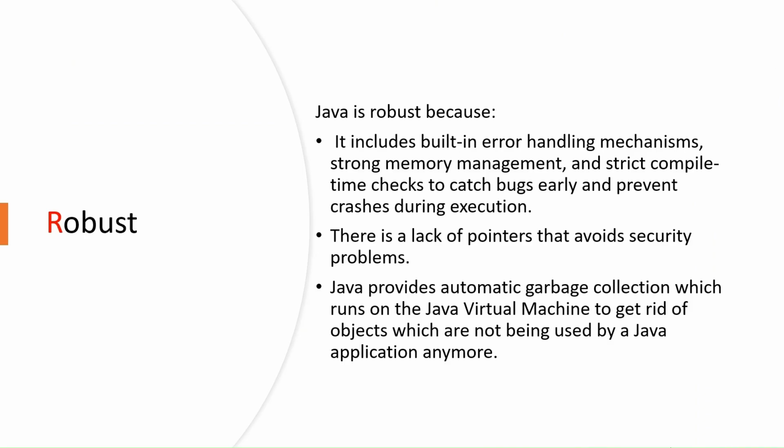Java is robust because it includes built-in error handling mechanisms, strong memory management, and strict compile time checks to catch bugs early and prevent crashes during execution. There is a lack of pointers that avoids security problems. Java provides automatic garbage collection which runs on the Java virtual machine to get rid of objects which are not being used by a Java application anymore.